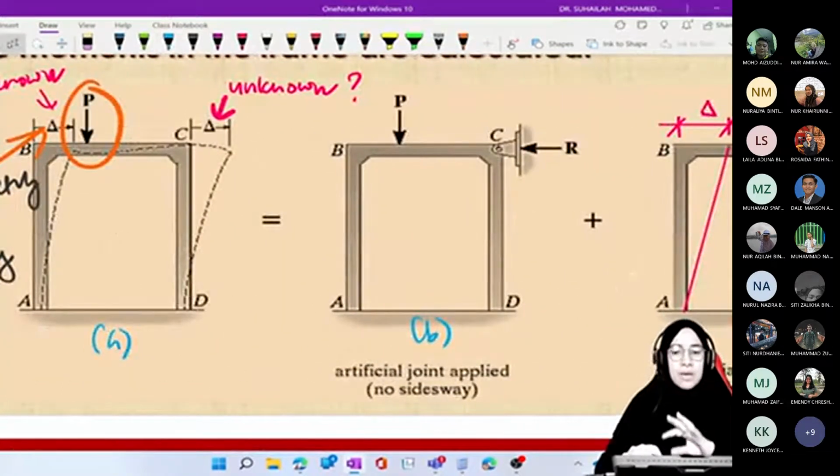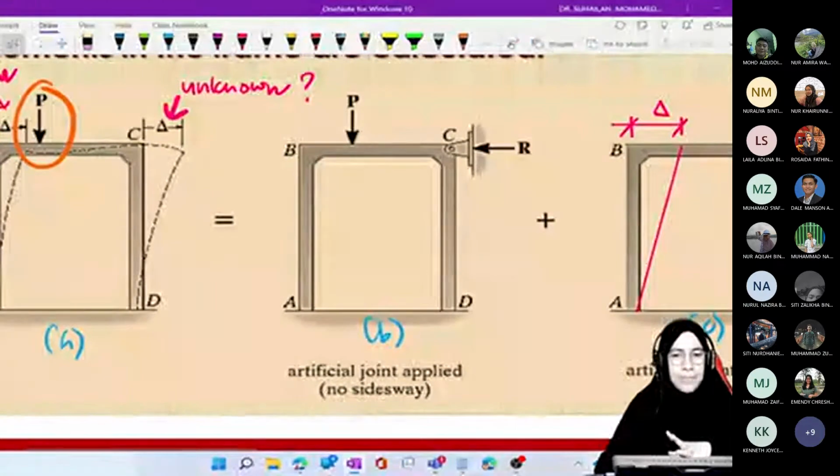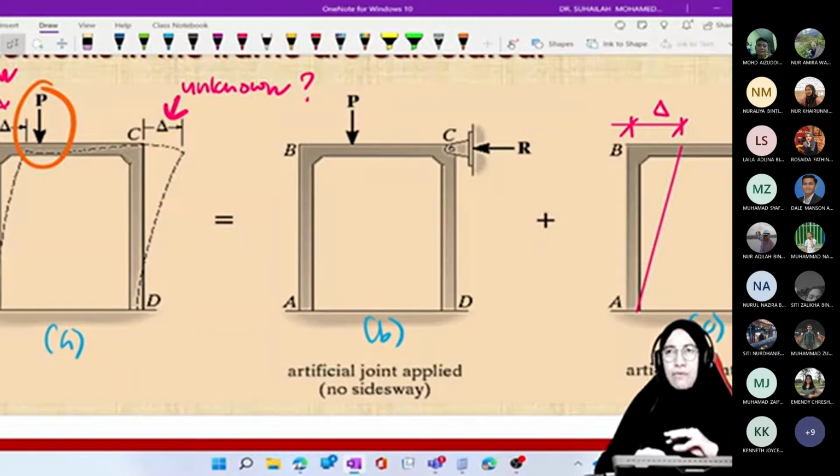So for B diagram, that is where you have to know the two conditions of non-sidesway frame. Because in non-sidesway frame, it must be either symmetry or properly restrained. Basically, sidesway frame analysis is under the second condition.